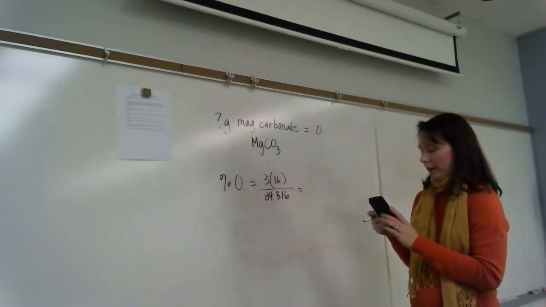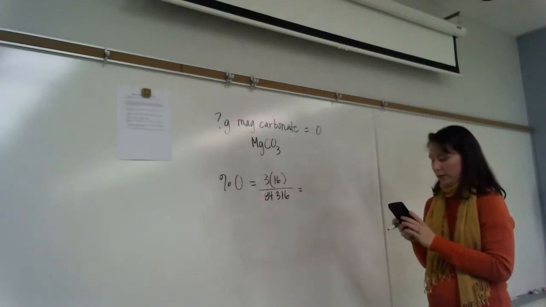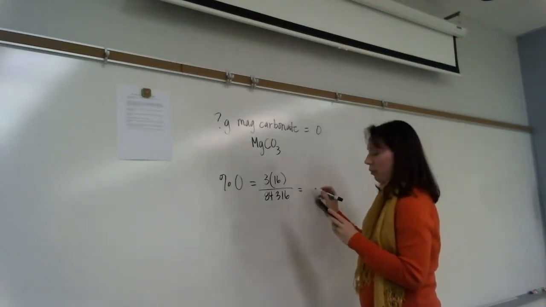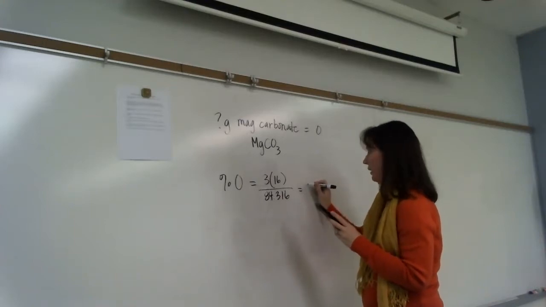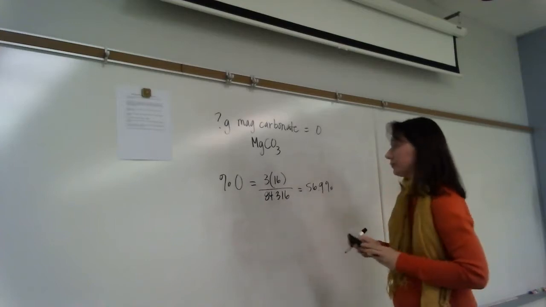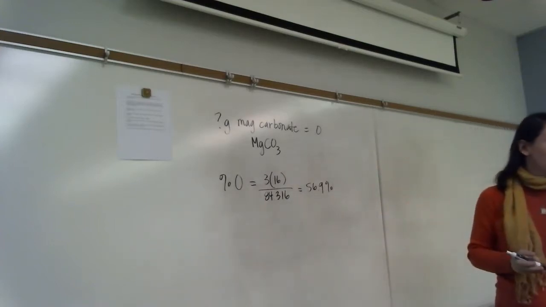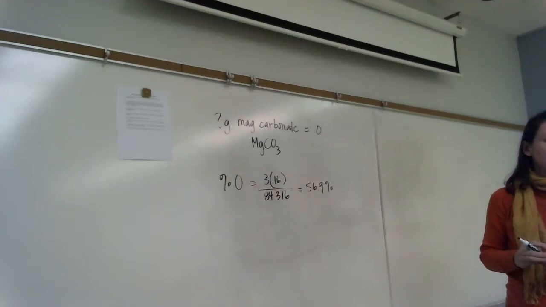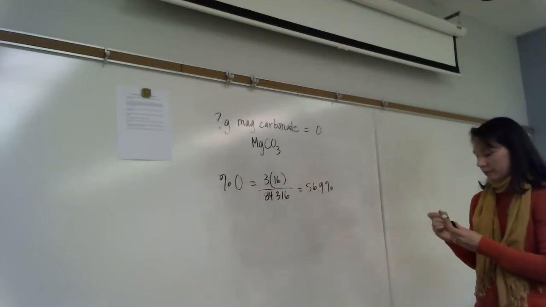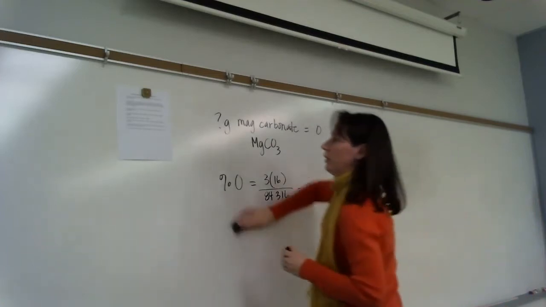When you multiply that out, 48 divided by 84.316 gives me 0.569, which is the same thing as 56.9%. Do we agree? Yes, yes, yes. All right, let's do the next one.